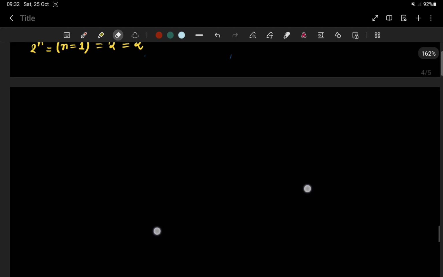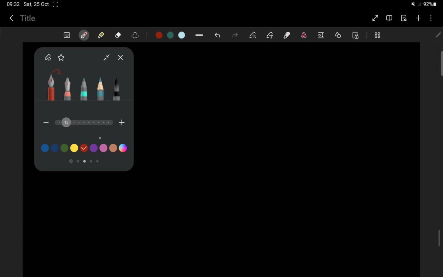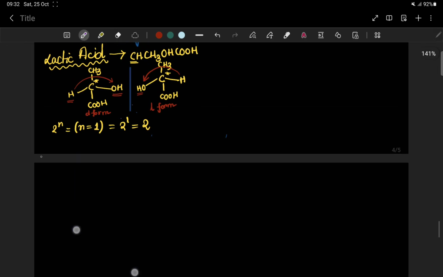So we have another form of optically active compound, that is our diastereomer. I will take an example of it and make you write it.